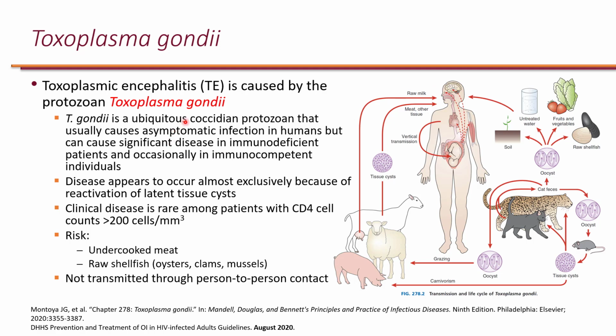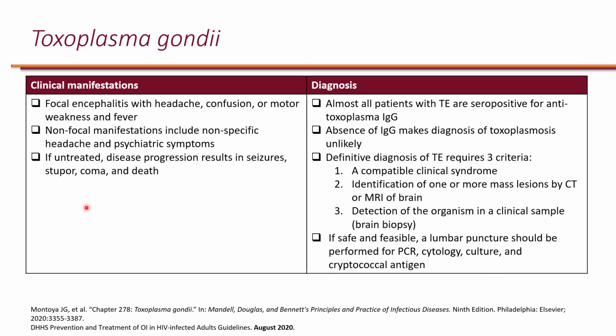Now, this is an opportunistic infection, so people with intact host immunity don't have to worry about this, but people with a CD4 count less than 200 are at risk. Clinical manifestations include focal encephalitis with headache, confusion, or motor weakness and fever.